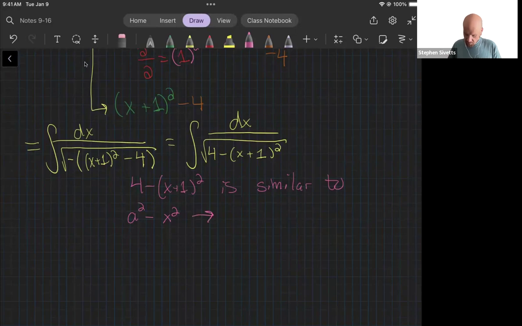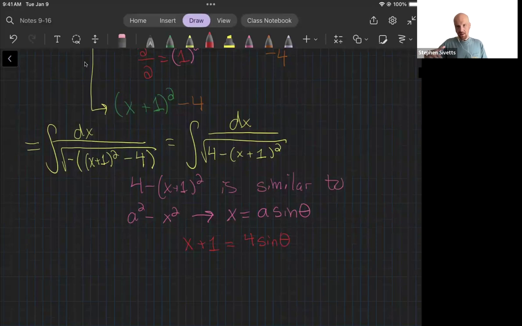And the substitution we used with this quantity, a squared minus x squared, was x equal to a times sine theta, right? So similarly, we're going to use the substitution that x plus 1 is equal to 4 times sine theta. Just replace the x with x plus 1 and the a with 4. So this is the substitution we want.